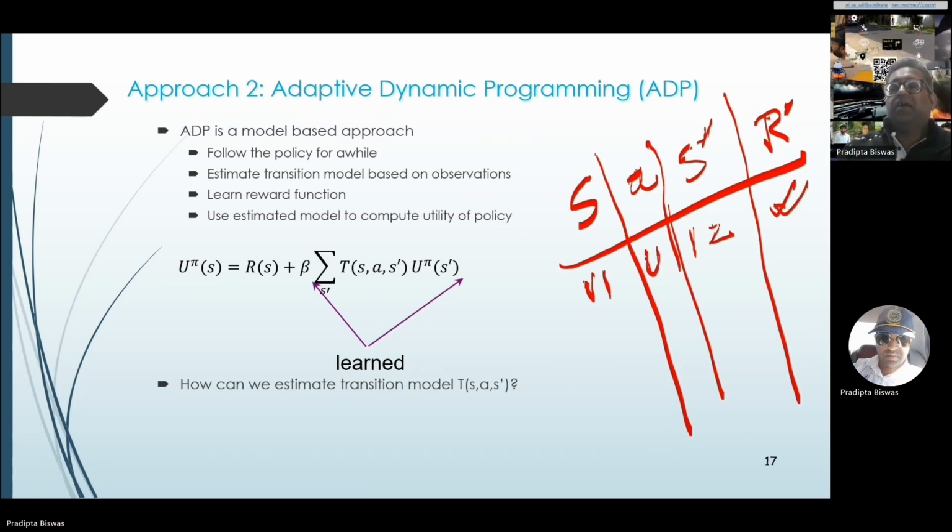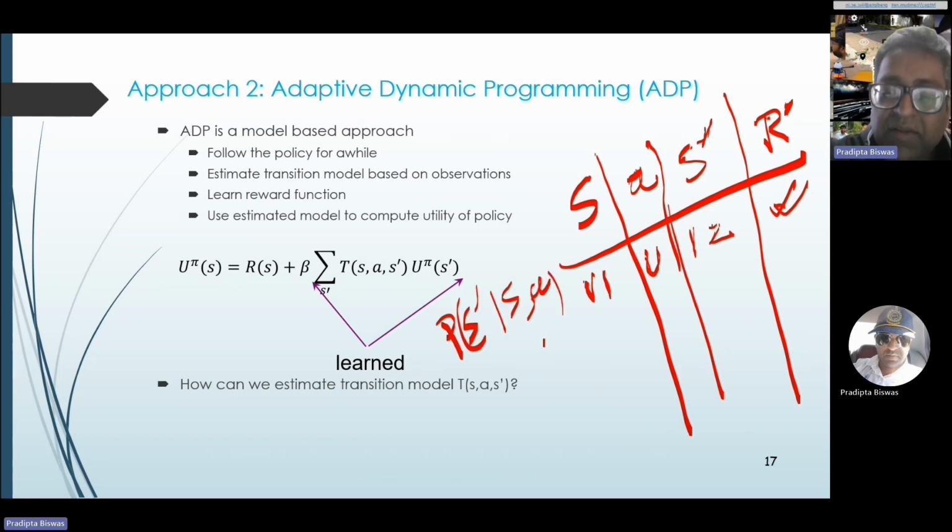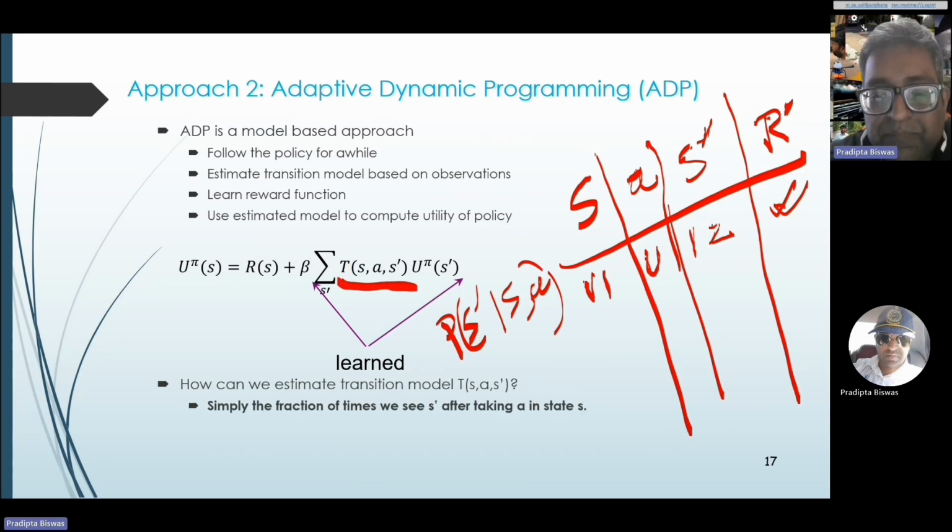What is the delayed reward here? In terms of probability, it is something like P(S' | S, A). We are trying to find the probability of reaching the state S' given state S and a particular action. Basically, that is the transition probability matrix, and we try to learn this transition.